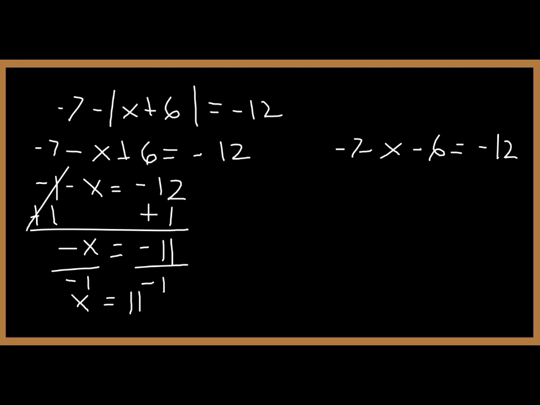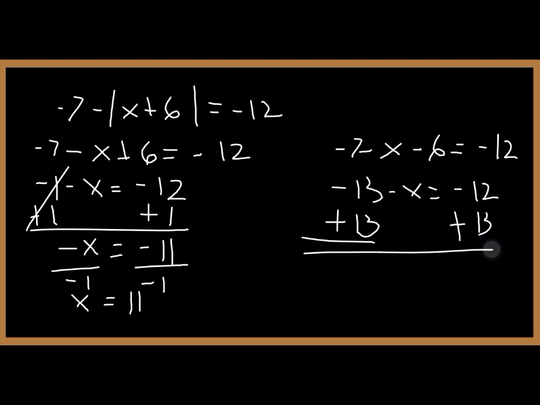Negative 7 minus 6 is equal to negative 13 minus x is equal to negative 12. So let's add 13 to both sides, and the remaining is negative x is equal to negative 12 plus 13, which is 1.